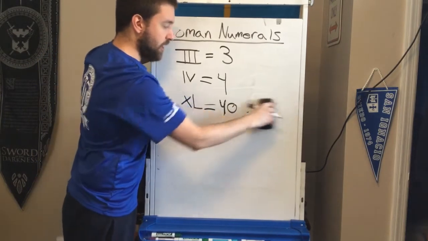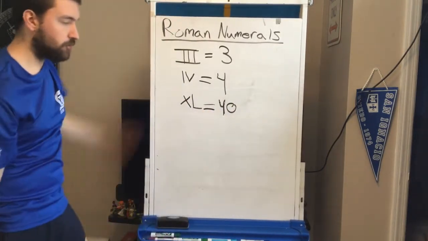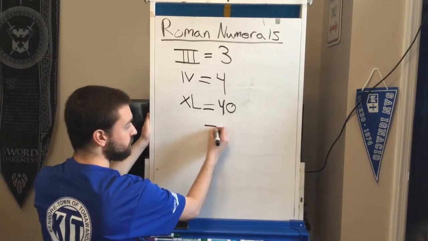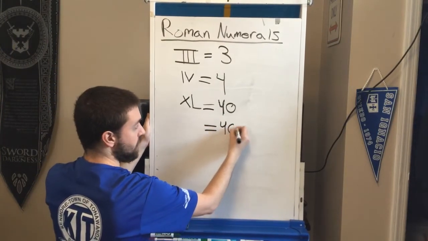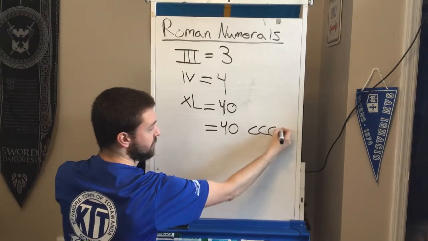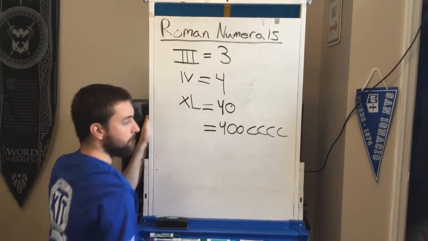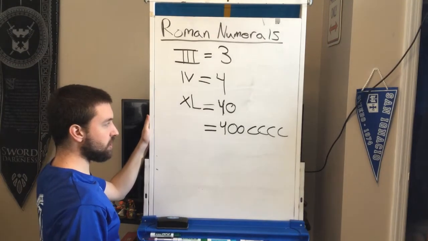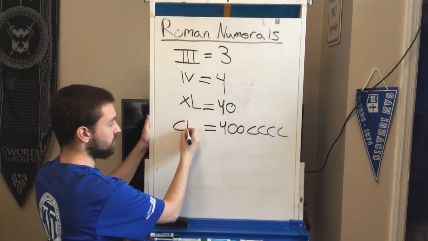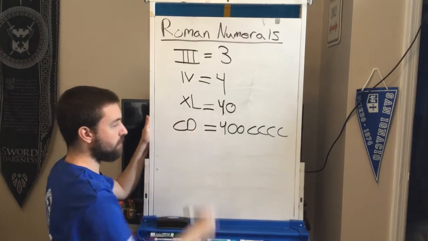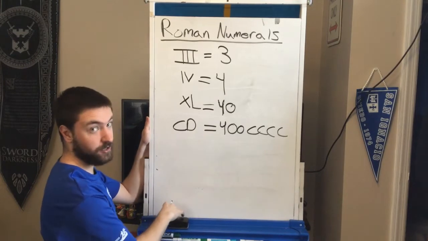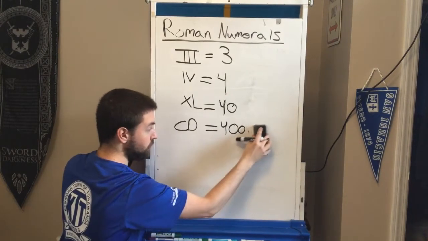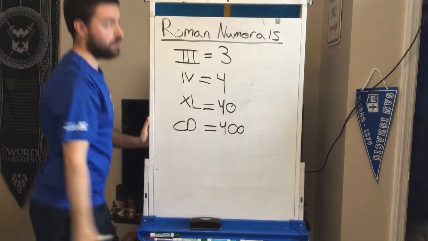And you can go on and on like this. If you wanted to write 400, you could write C, C, C, C. But instead, you're going to see 100 before 500, right? Some crazy, tricky stuff.